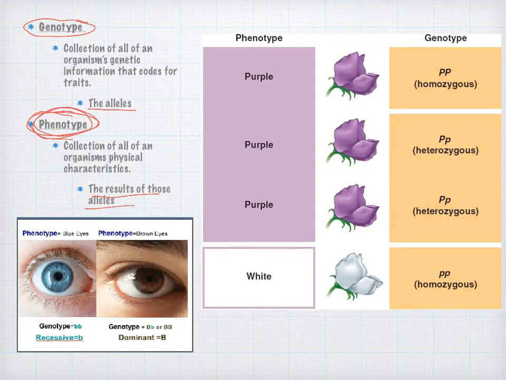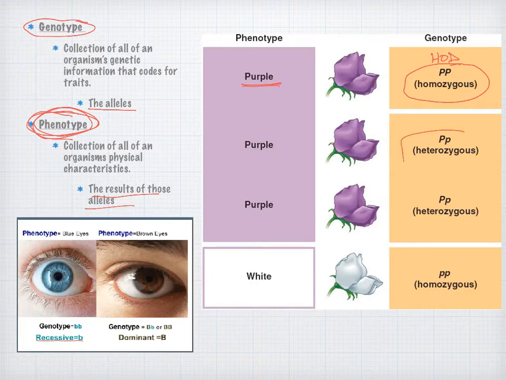For example, we have flower color, these purple and white flowers. This one is homozygous dominant, right? Homozygous dominant. And so it's going to express the dominant phenotype, which would be purple flowers.